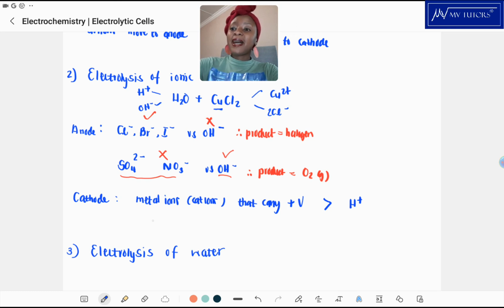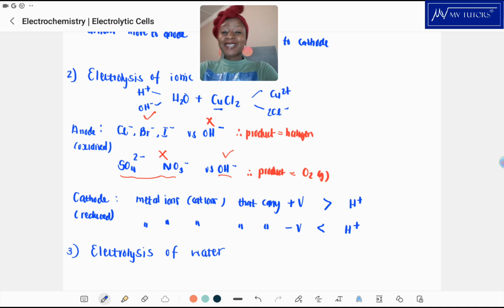But if you have metal ions that carry a negative voltage, EMF, potential difference, the H ion will definitely be reduced. Remember, at the cathode is where reduction happens, so that will be reduced, and at the anode, oxidation. Please don't forget that: an ox, red cat.